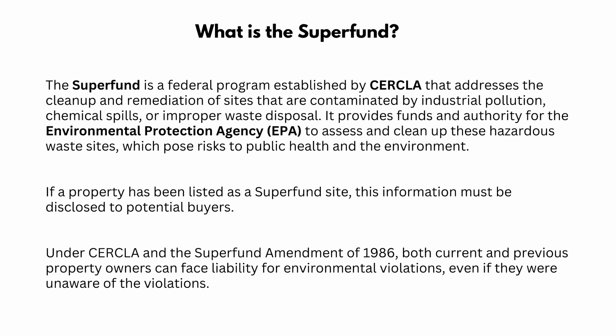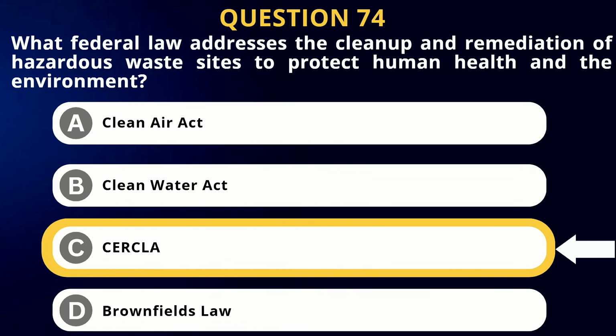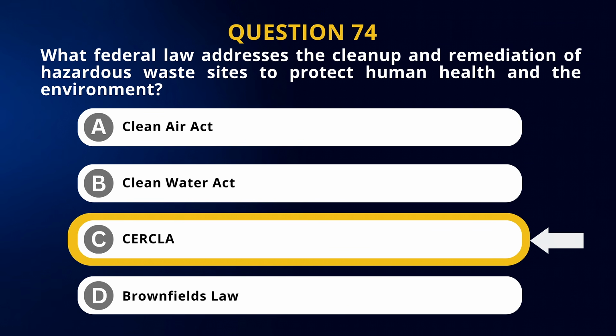Now, brownfields are to clean up derelict, defunct, and abandoned industrial waste sites. This particular question was referencing cleaning up and the remediation of hazardous waste sites and protecting human health and the environment. The CERCLA law, the Superfund law, does that. It is currently enforced, administered, and overseen by the EPA on the federal level, the Environmental Protection Agency.